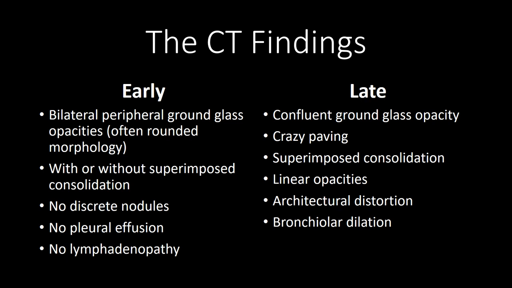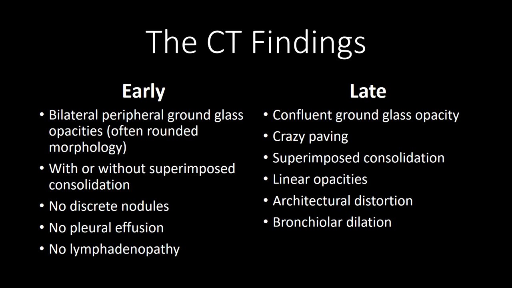Crazy paving is being reported, which is actually a pattern within the ground glass opacification where there's also septal line thickening that creates the look of stone pavers. Later in the disease, consolidation is more commonly reported, and that consolidation is often superimposed on the areas of ground glass opacification.